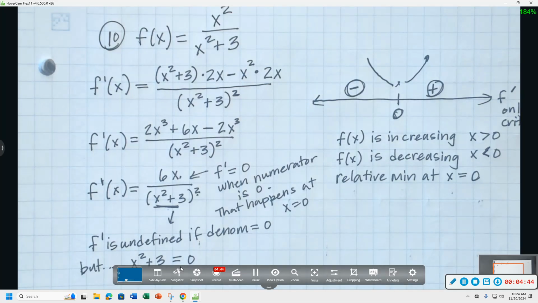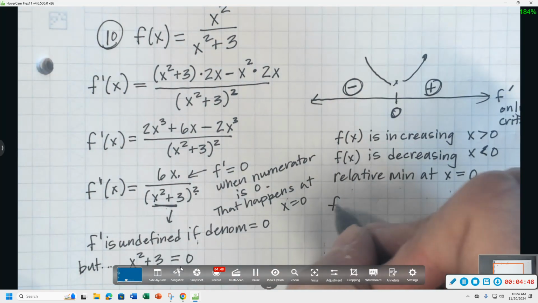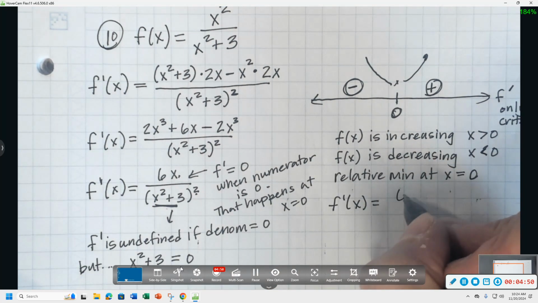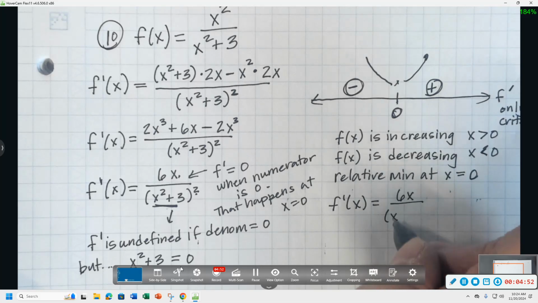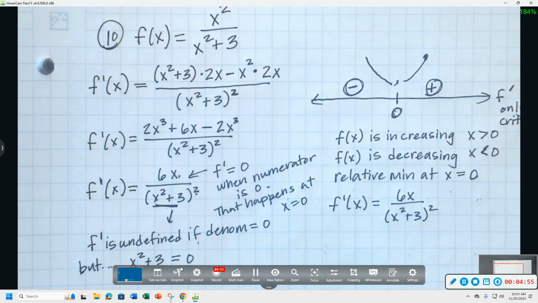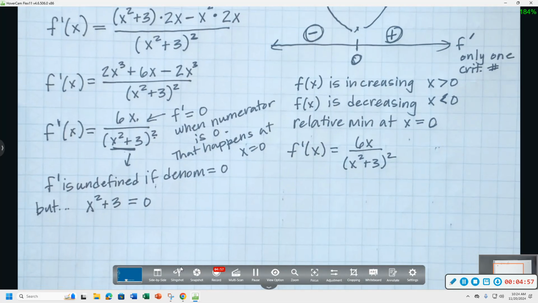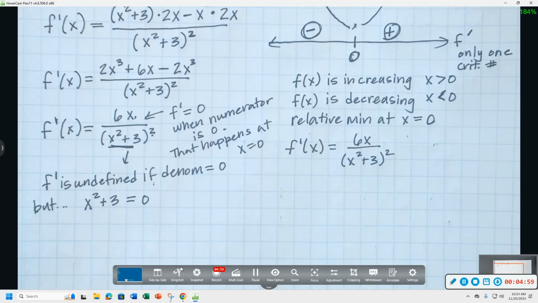Now we're going second derivative. We're already on to the concavity part. So my first derivative is 6x over x squared plus 3 squared. Now I've got to try and get the second derivative out of that.